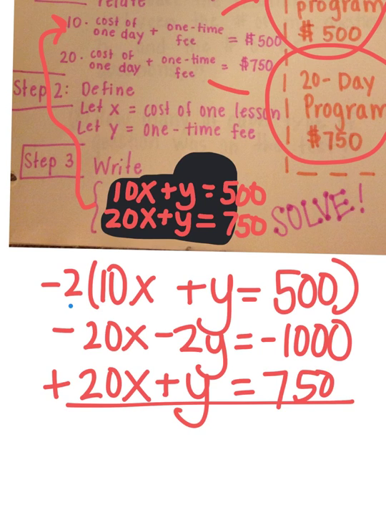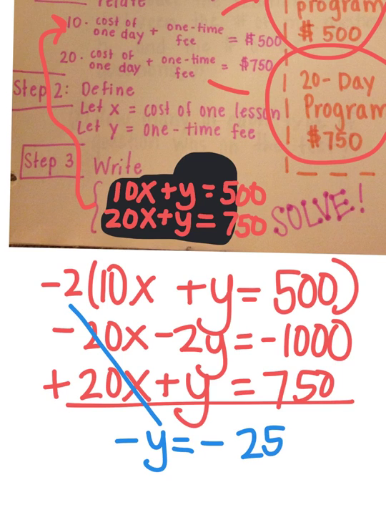What I have here is my 20x's are going to cancel out, and I'll be left with -y equals -250. Okay, which really tells me that y is equal to $250.